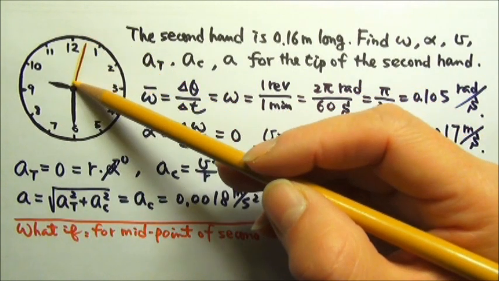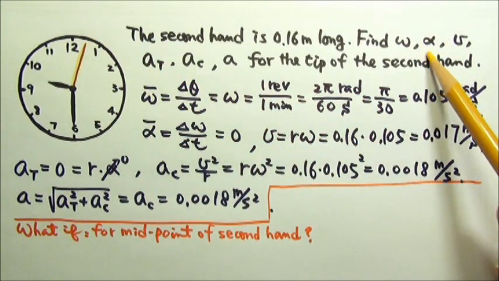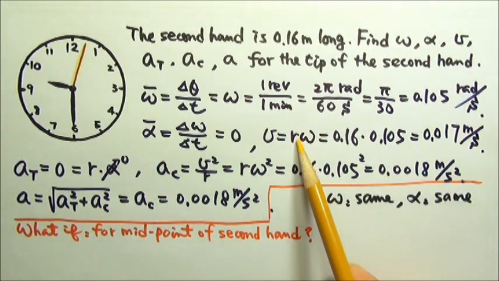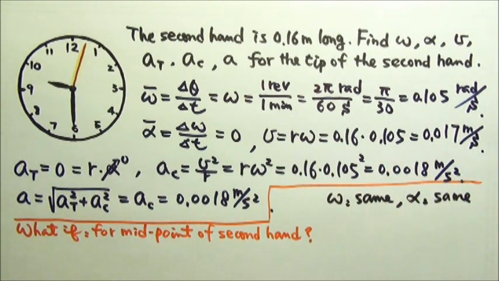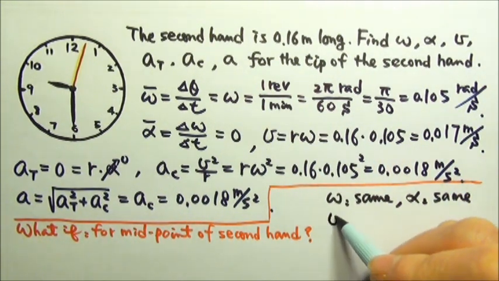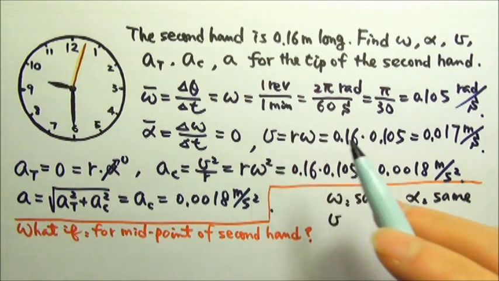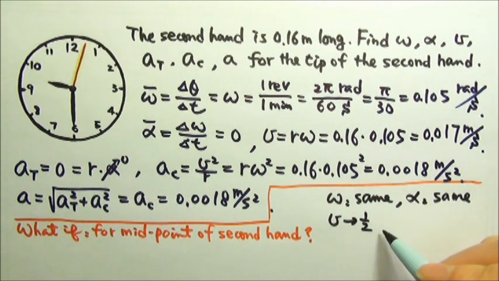Therefore, every single point should have the same angular velocity and the same angular acceleration. But the midpoint has a different r, therefore the speed would be different. The midpoint has half the r. Since omega is the same, the speed is half of that value.